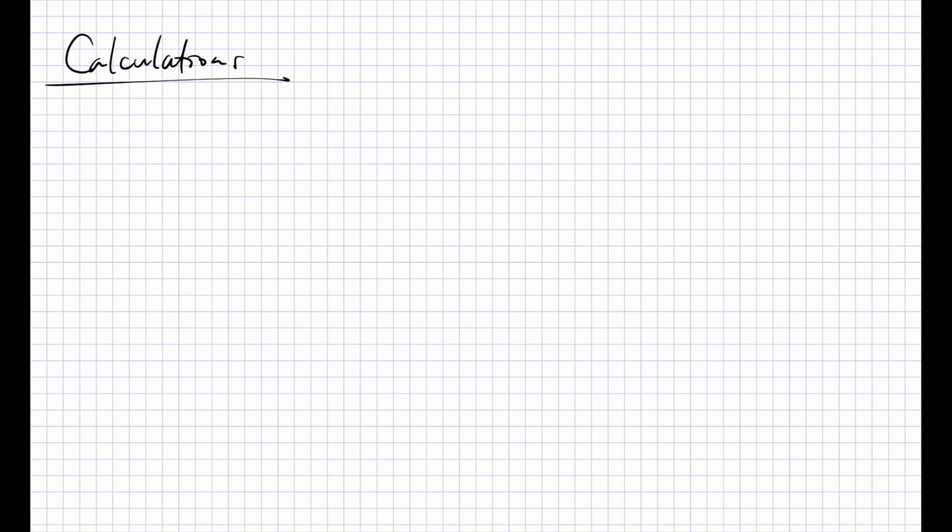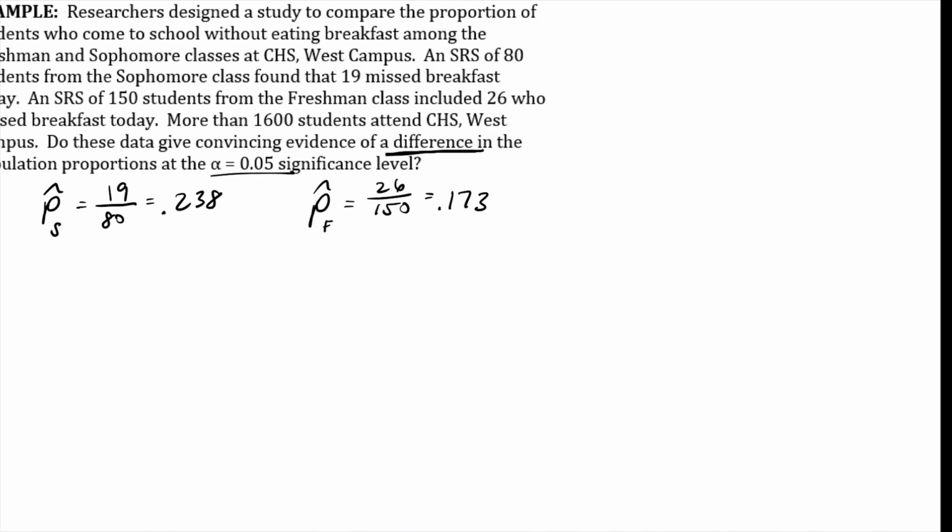Okay, calculations. So when we actually use our formula here, we're going to need p hat c now. So we've got to calculate p hat c. This is where we do the pooling. Pooling, like I told you guys before, is add the numerators, add the denominators. So if we add the numerators, we get 19 plus 26.